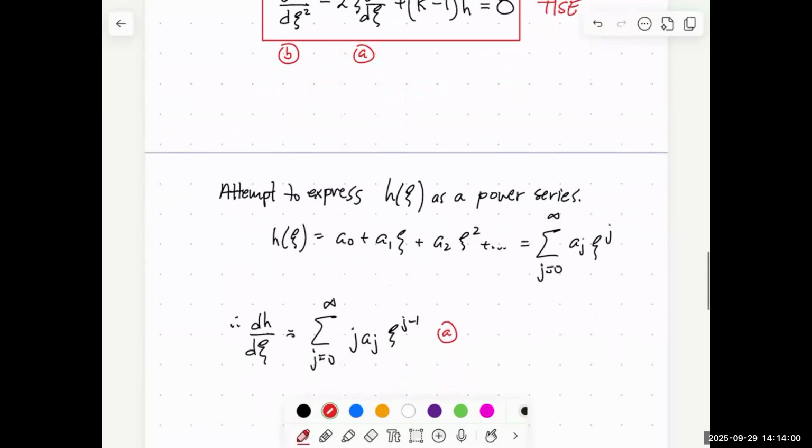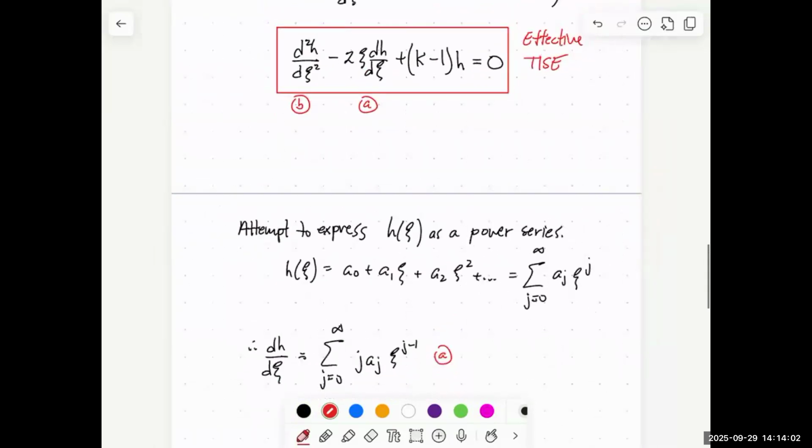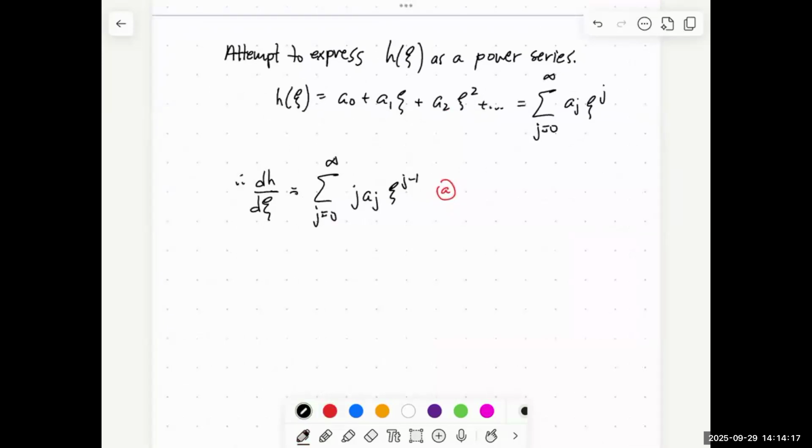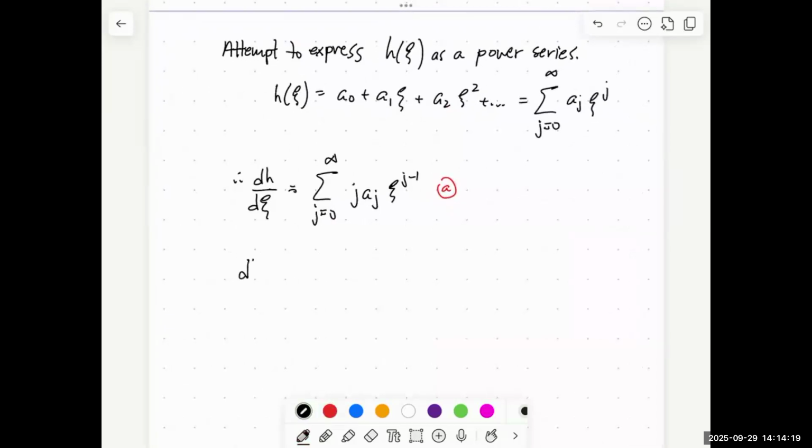Okay. You can see what we're going to have to do is multiply it by z first. When we multiply by z, this is going to go back to z to the j. All right, let's keep that in mind. We still have to work out the second derivative, d2h over dz squared. I'm just going to take the first derivative of this thing.